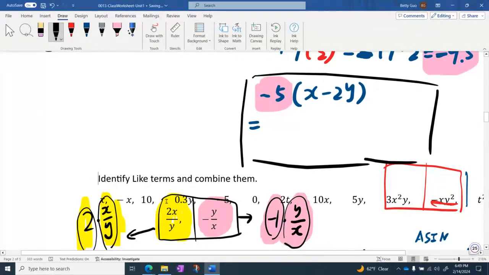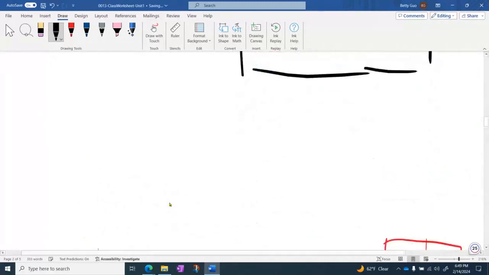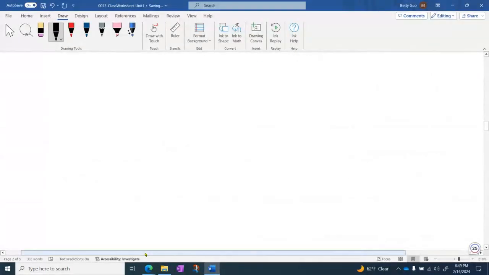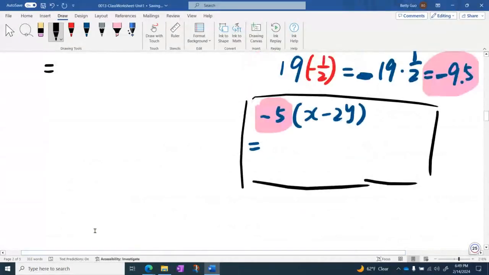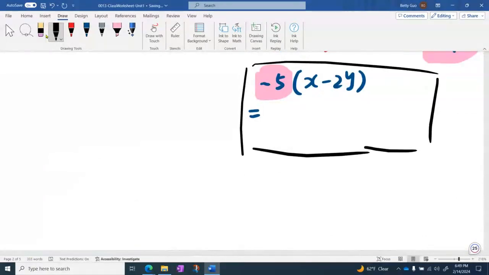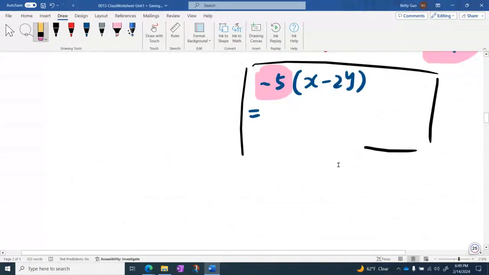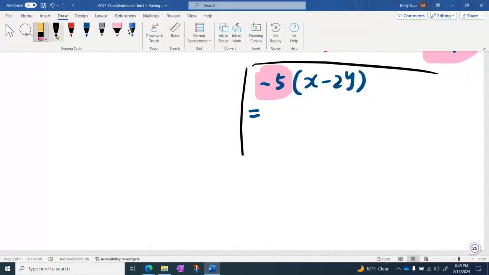Let me get more space here. Make the scratch paper bigger. In the group, we have two terms. The first term is x. The second term is negative 2y. At this point, you should see the negative sign goes with the term.